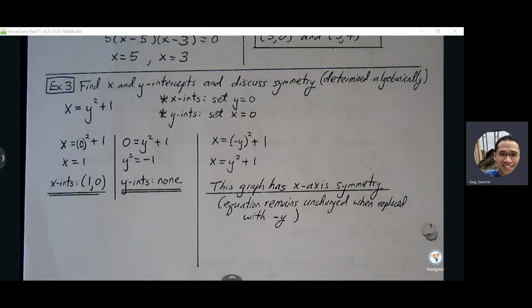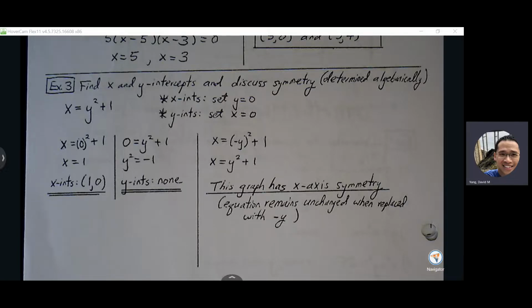For the x-intercept, I'll take the y, replace it with 0, and see if I can solve for x. Once I replace that y with 0, I get 0 plus 1, x equals 1. That's a real number, we're good. The x-intercept is at (1, 0). For the y-intercept, take the x and replace it with 0. But we're going to run into an issue here, because if I try to get y squared by itself, I get y squared equals -1.